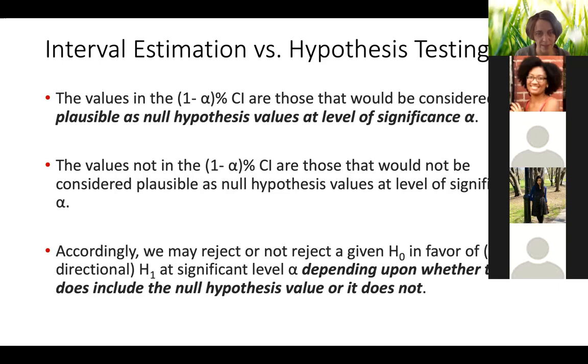If our assumed null hypothesis value is not within the limits of the confidence interval, then it's probably not compatible with the idea that the flashlights come from a population with a true mean that corresponds to that null hypothesis value.